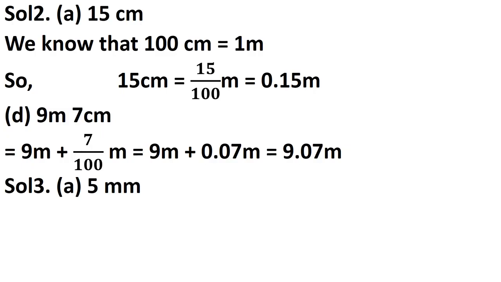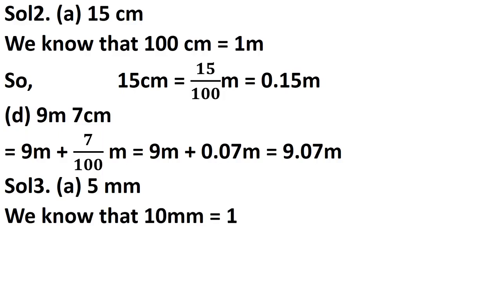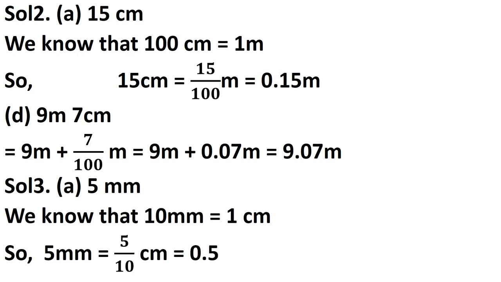Third question is express as centimeter using decimal. Now, relation between millimeter and centimeter is that 10 millimeter equal to 1 centimeter. So, 5 millimeter equal to 5 upon 10 centimeter, which is equal to 0.5 centimeter.